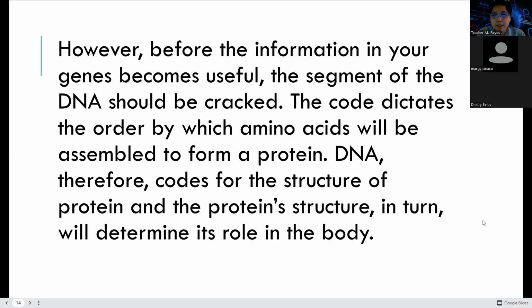However, before the information in your genes becomes useful, the segment of the DNA should be cracked or decoded. The code dictates the order by which amino acids will be assembled to form a protein. DNA therefore codes the structure of the protein, and the protein's structure in turn will determine its role in the body.